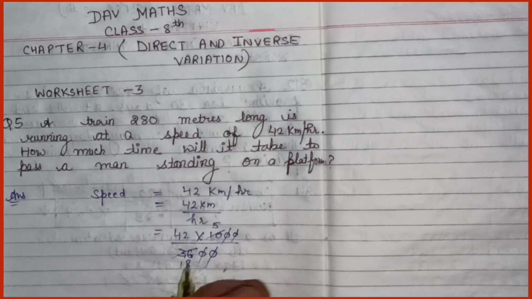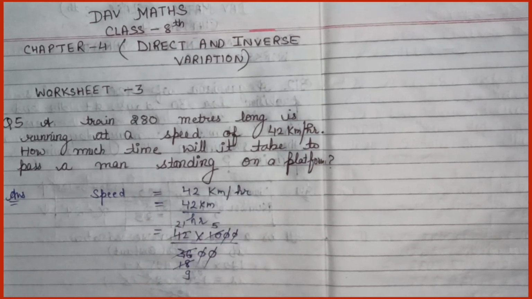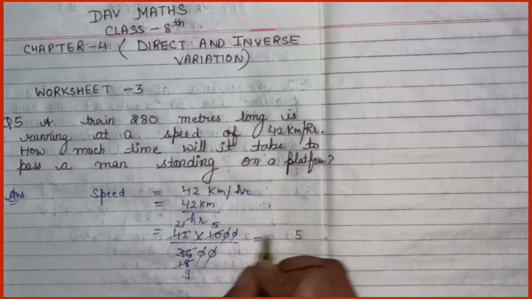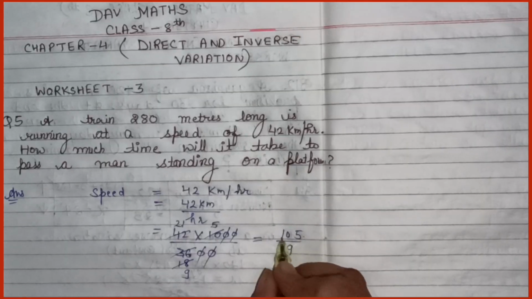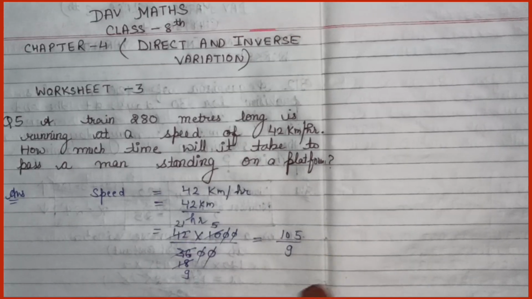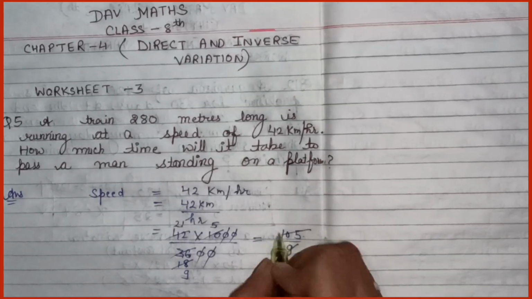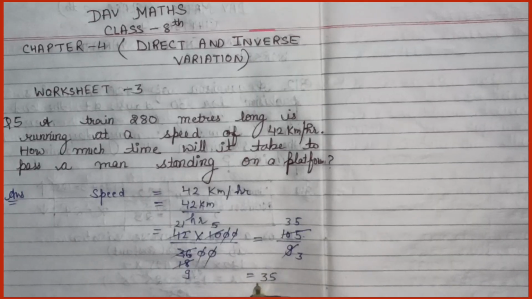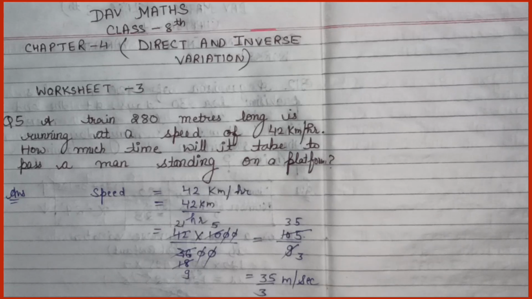Again this is an even number: 2 9s are 18, 2 2s are 4, 2 1s are 2. 21 multiplied by 5: 5 1s are 5, 5 2s are 10, so 105 upon 9. 5 plus 1 is 6, divisible by 3, and 9 is also divisible by 3. 3 3s are 9, 3 3s are 9, 3 5s are 15. So this is 35 upon 3 meter per second.